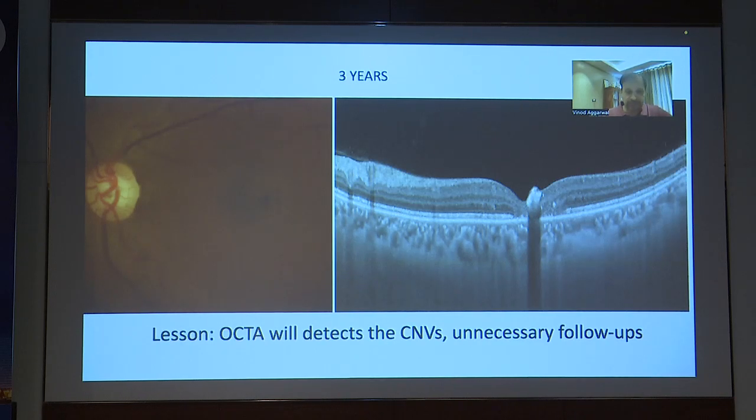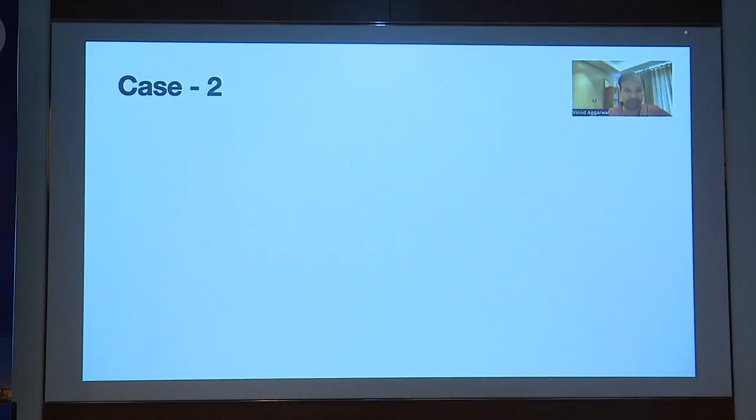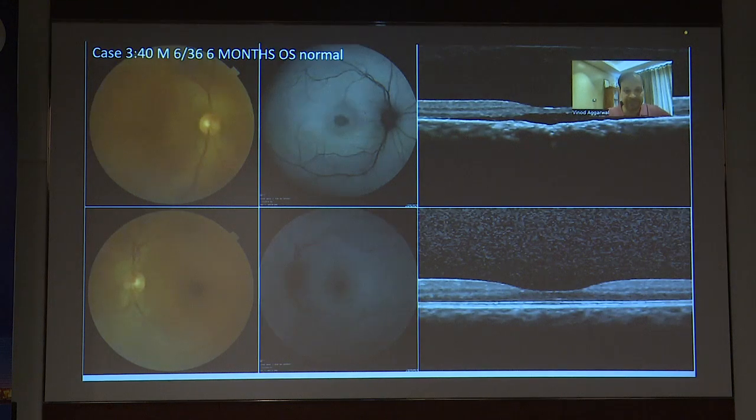So, in a nutshell, OCTA will detect certain CNV, which will lead to unnecessary follow-ups and anxiety on both patients as well as physicians' perspective.